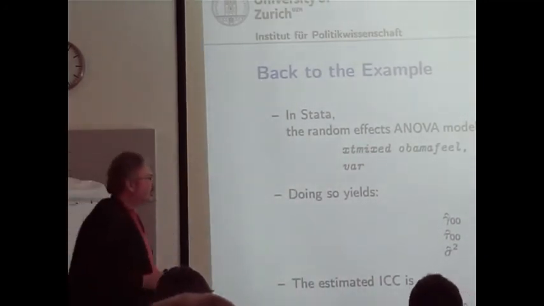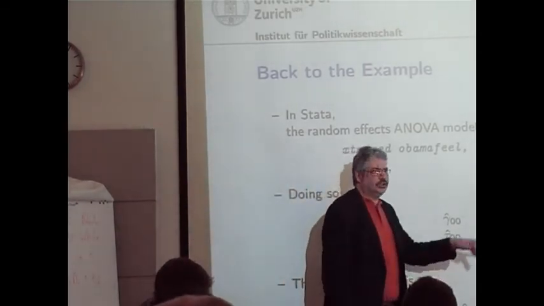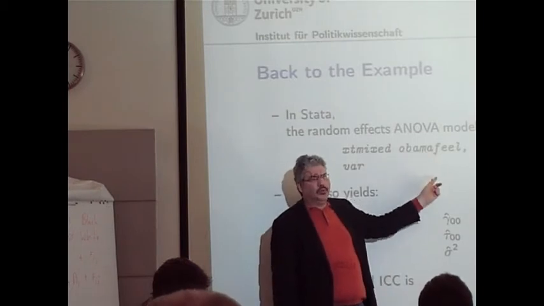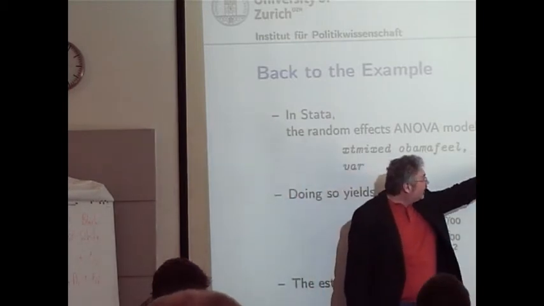If you don't add that, then all Stata will do is still just estimate a random intercept model, and it doesn't do a random slope model. So you need to add that piece here.